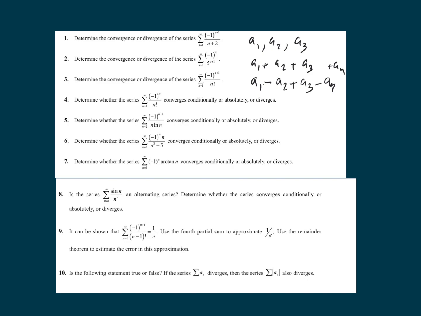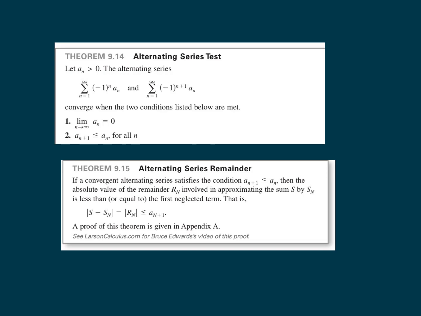And we have a test, a theorem, that says when an alternating series converges. Let's review this test, and this is the test that we are going to use to solve problems. The test says like this: if you have one series A sub n, where all the terms are positive, which one is the alternating series?